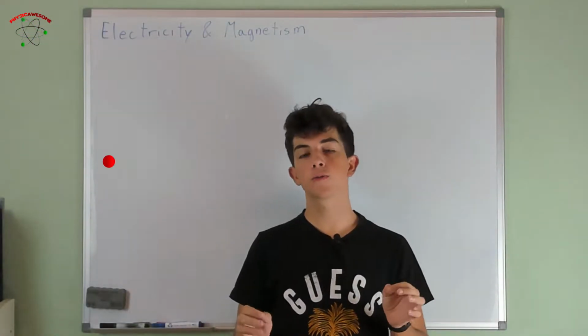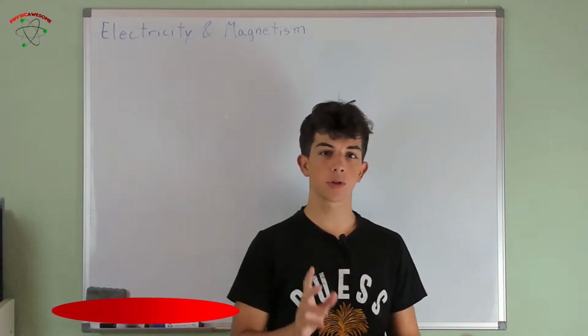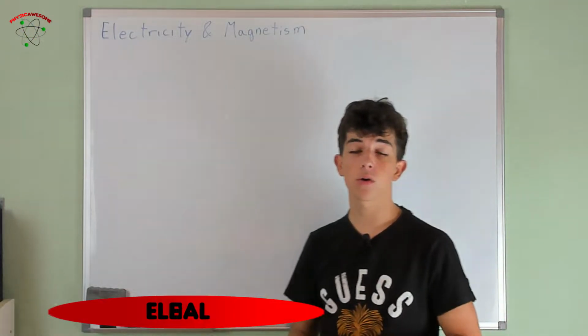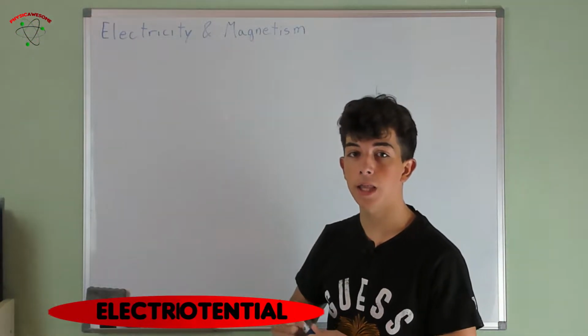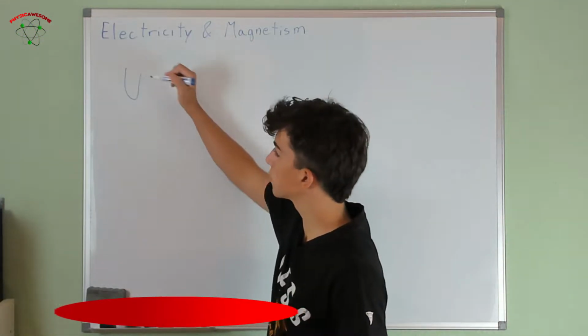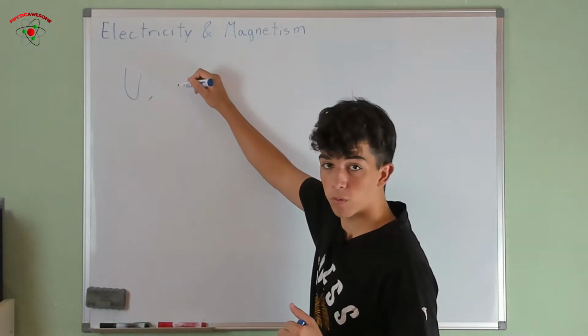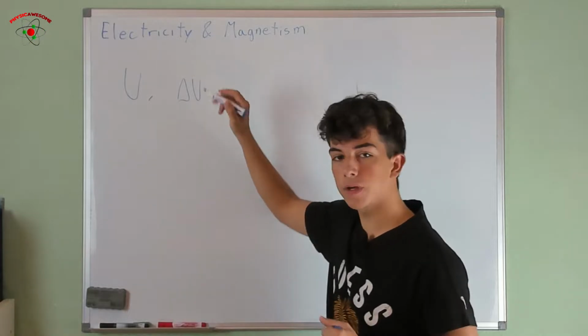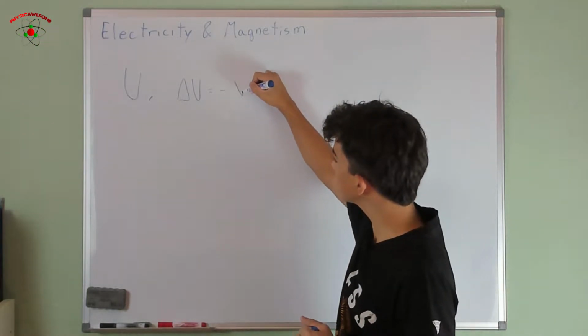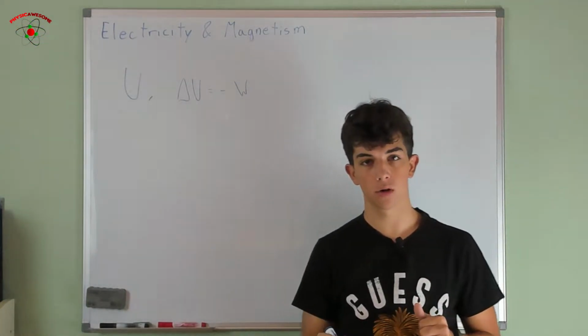Great, let's introduce formally the notion of electric potential. Last time, if you recall, we introduced electric potential energy, a magnitude we represented with the letter U, and we equated the change of it to minus the work that had been done.